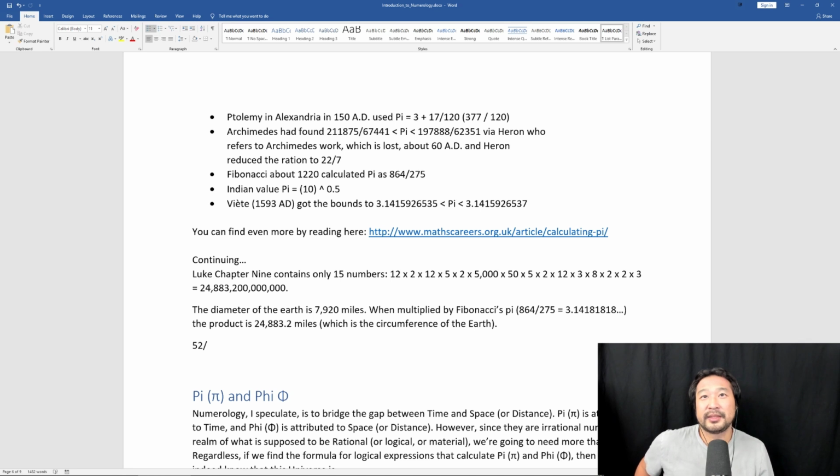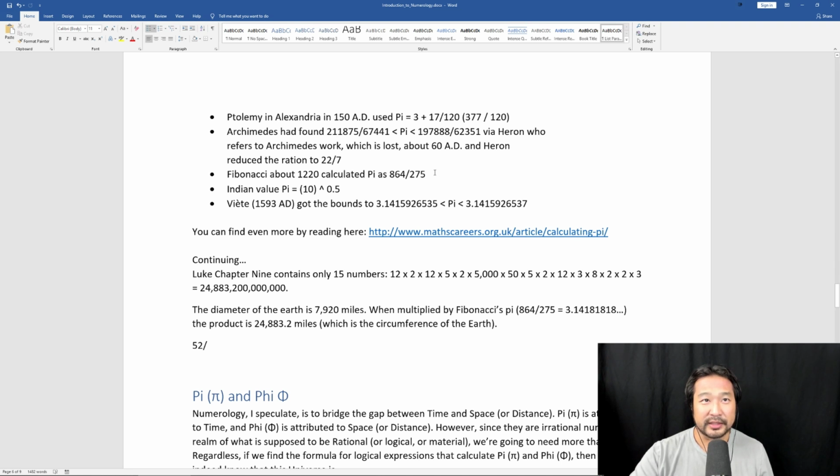Kind of reworked it to 197,888 divided by 62,351, which basically reduced all the way down to 22 divided by 7, which is what Marty Leeds was using with the Septa cipher. Archimedes' pi, 22 divided by 7, when applying that to what the G stood for in Freemasonry. Fibonacci, about 1220, calculated pi as 864 divided by 275.